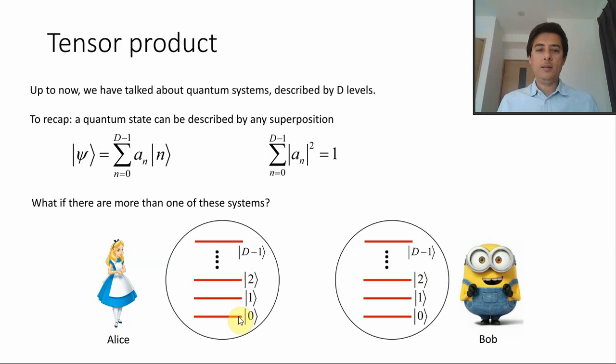Or it could be any other quantity, like momentum, the speed of a particle, or anything like that. So we enumerate our quantum levels according to some distinct quantity of the system.